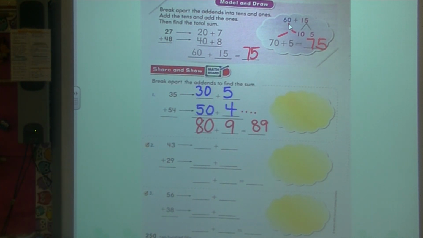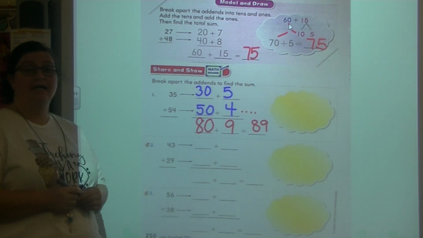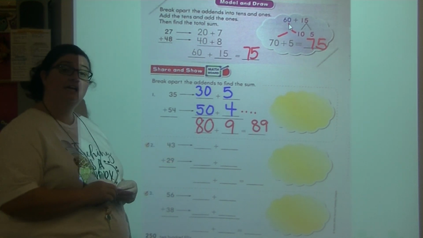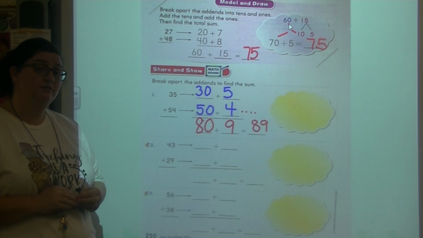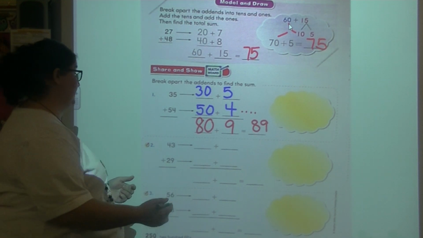Number 2, 43 plus 29. Let's break these apart into tens and ones. 43 equals 40 plus 3. Write it down.